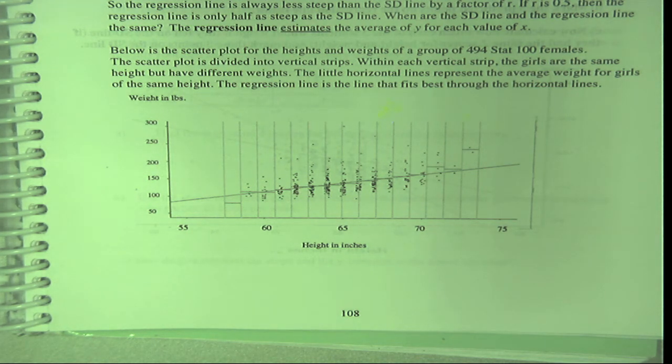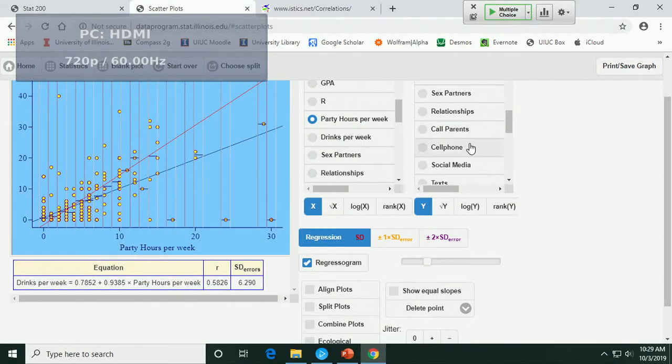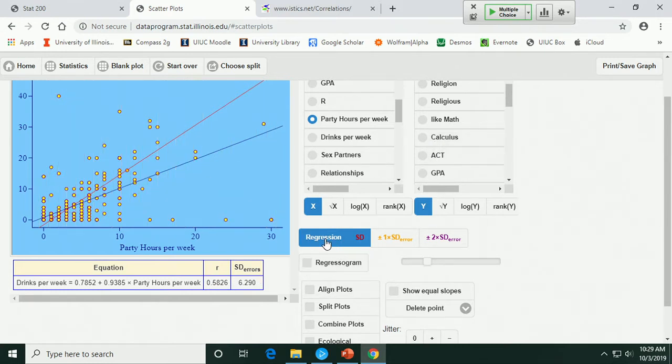You would think that, I haven't looked at this, but let's look just to make a little bit of an impact. All right, let's look at how much you drink and your grades, or your GPA. You'd think there'd be a negative correlation, because you're always told that, right? But maybe not.